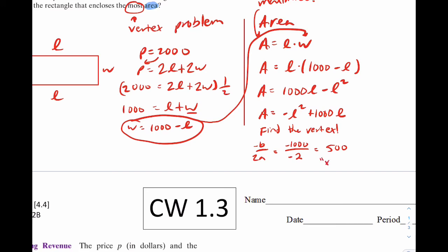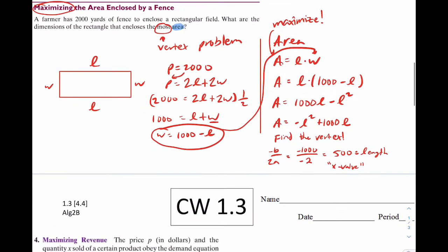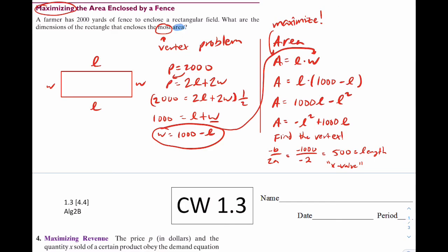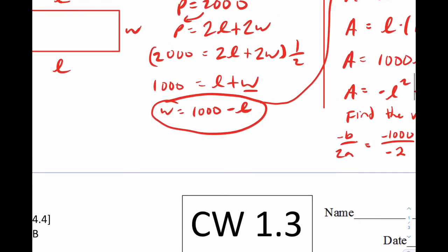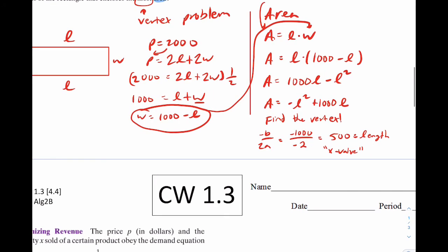Now remember, this gives you the x value, or the input. So look back at this equation right here. The input is L. So this is the length. Now look at the question. It says, what are the dimensions of the rectangle? So if 500 is the length, look back here, that would mean the width must be 500 as well.